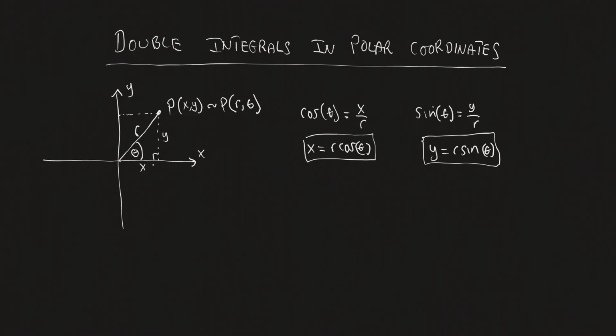Pythagoras tells me that x squared plus y squared is equal to r squared. That's a really nice equation. And if we wanted to solve explicitly for r, if we make the assumption that our radius is greater than or equal to 0, then we can take the square root of both sides, and we get that r is the square root of this quantity. There you go.